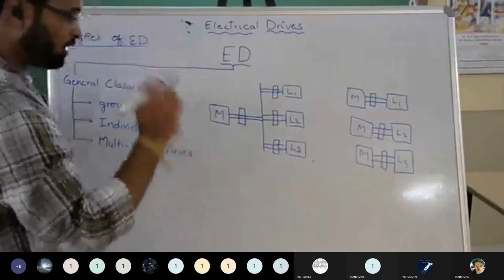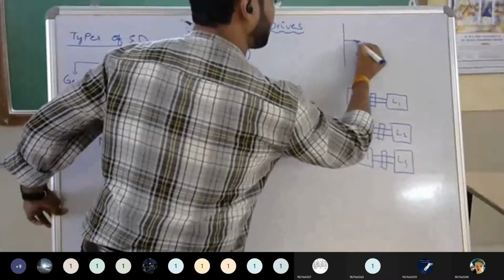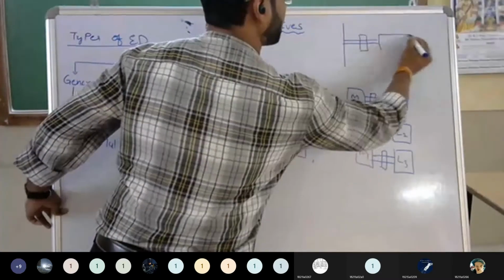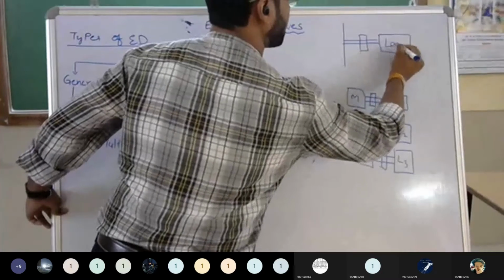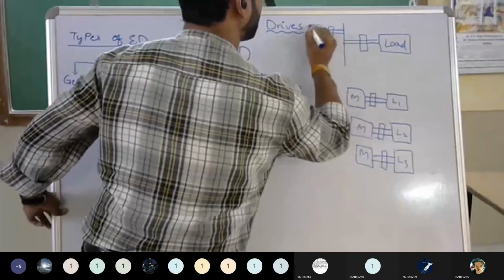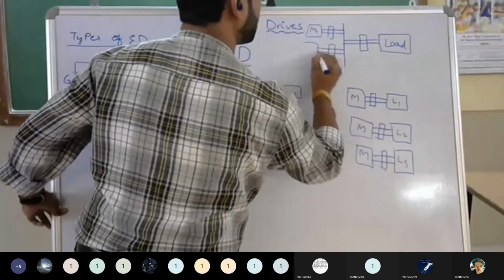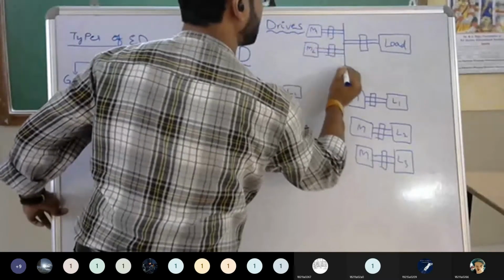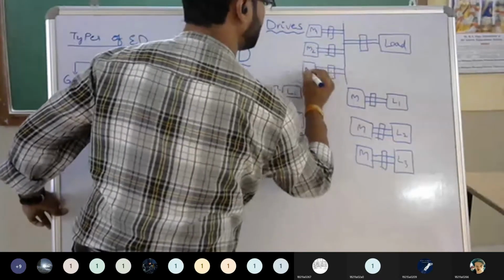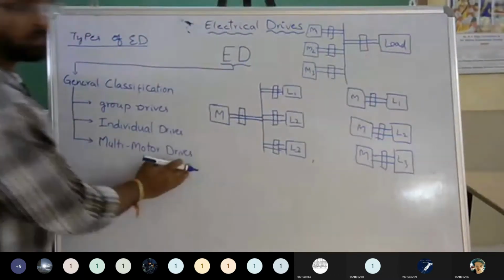Suppose we have to drive only one load and we have multiple motors. Multiple motors combinedly driving one load is called a multi-motor drive.